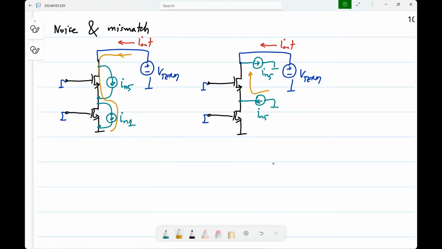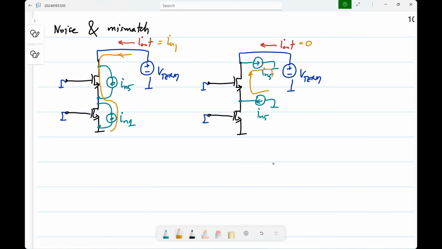But then the other IN5 is being drawn out, so it will go there. So it will just circulate inside the transistor, and Iout will be 0 in this case and IN1 in that case. So, to a first order, the amplifier device noise appears fully at the output current, whereas the cascode device noise does not appear at all. At least one thing in our favor, we added the device. There are so many penalties to adding a device, but noise and mismatch are not one of them. So, you can neglect the cascode device to a first order for both noise and mismatch.